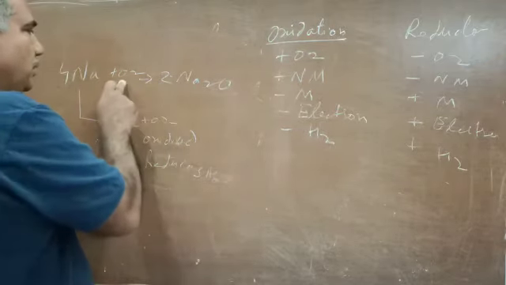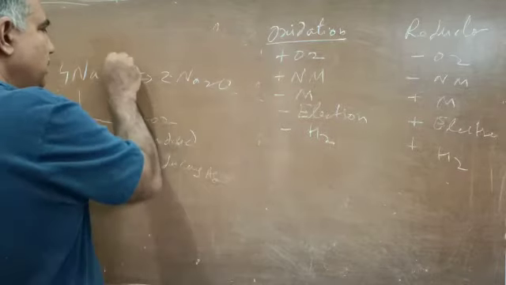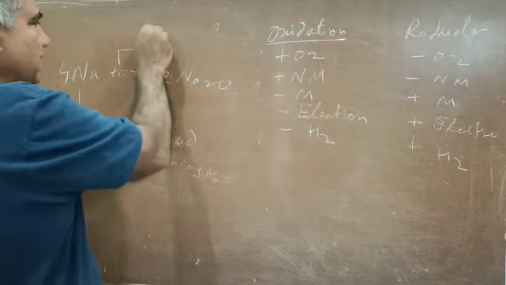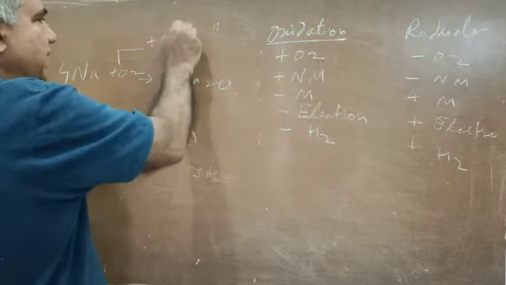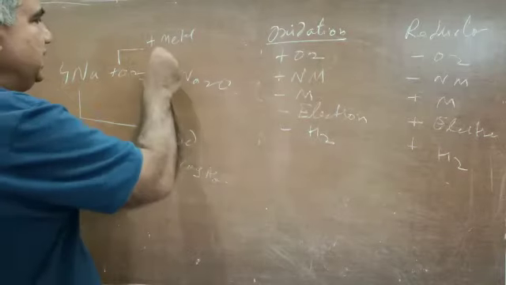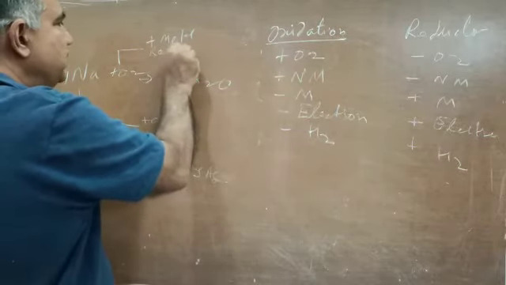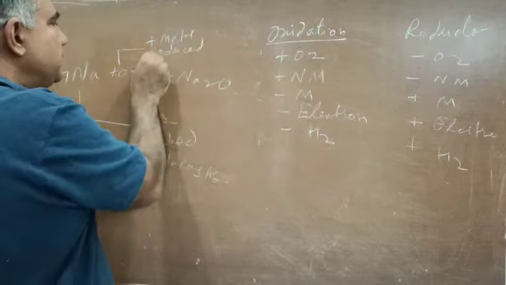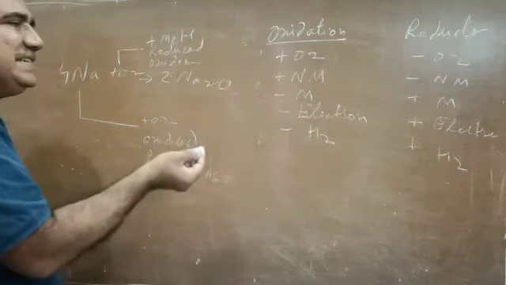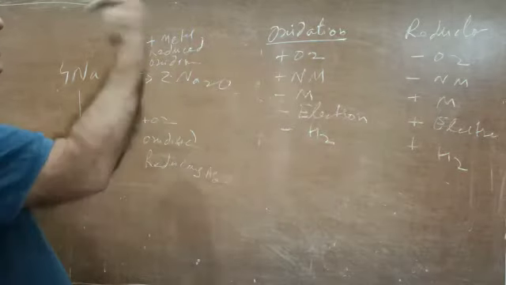Now oxygen has become Na2O, so oxygen has gained metal. Sodium is a metal, it has gained metal. Gain of metal is reduction, so this is reduced, and if this is reduced, this is the oxidizing agent, because the one that is getting reduced is responsible for oxidizing another one.